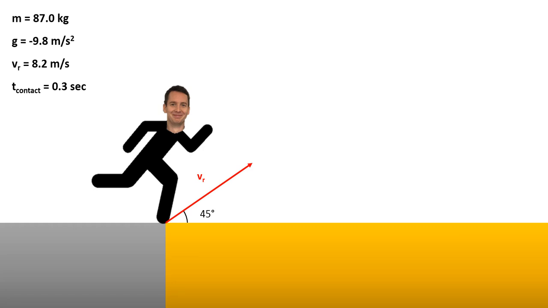That's not the flight time, don't get those confused. And the angle of takeoff here is 45 degrees. The equations you will need to work out the jump distance are the three that we've just gone through and your trigonometry equations, I'm sorry to say.